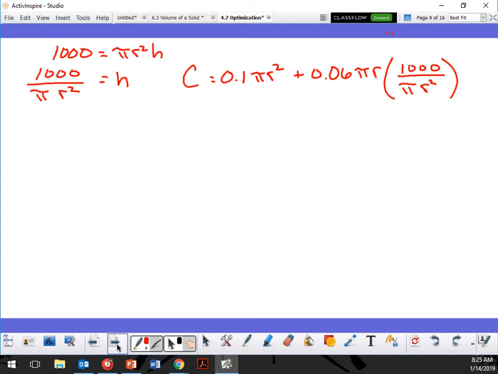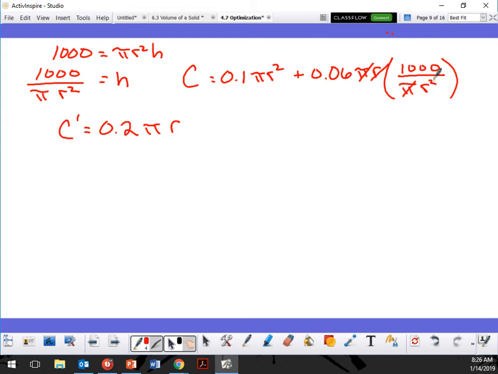So now, if I'm going to minimize or maximize this right here, I have to take the derivative. We're going to do the derivative, right? So I'm going to have, let's see, C prime is equal to 0.2 pi r, and if I rewrite this, wouldn't this cancel out the pi's, right?